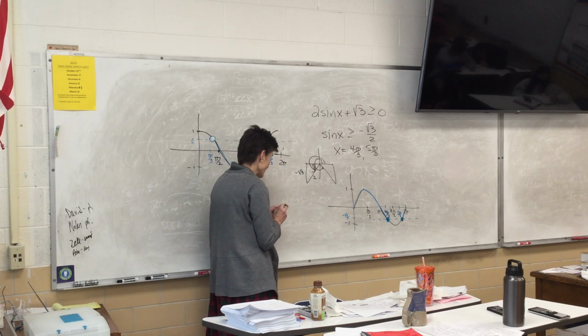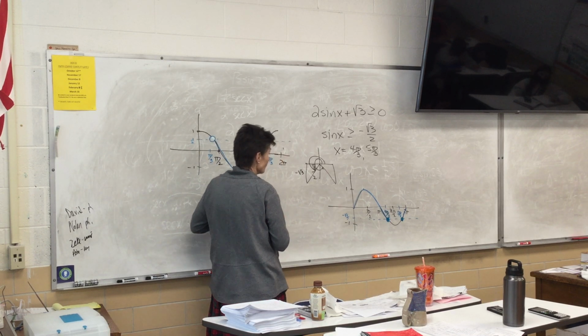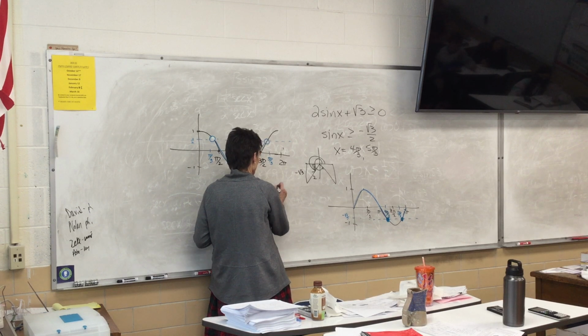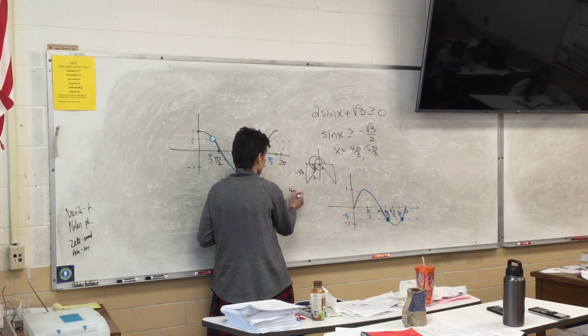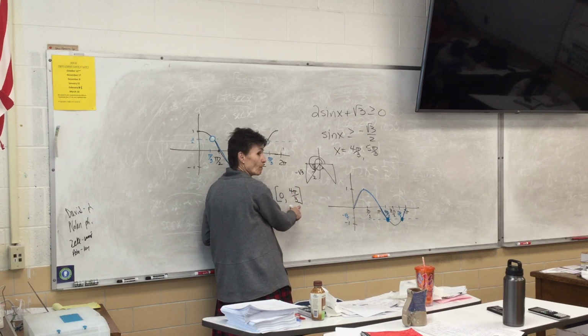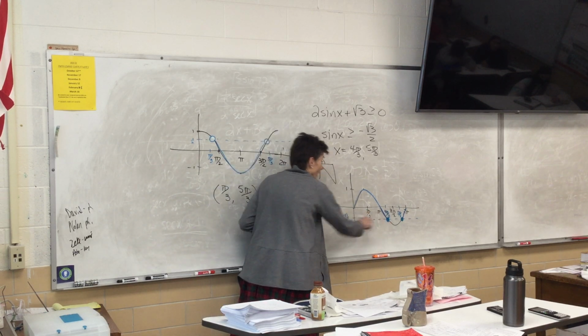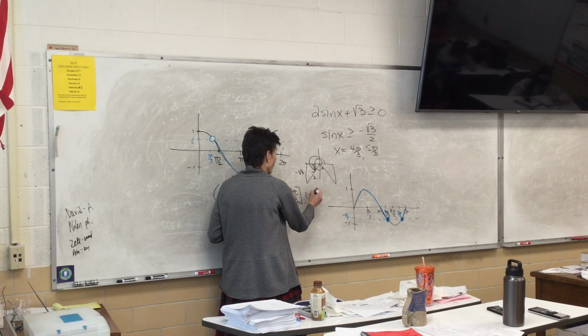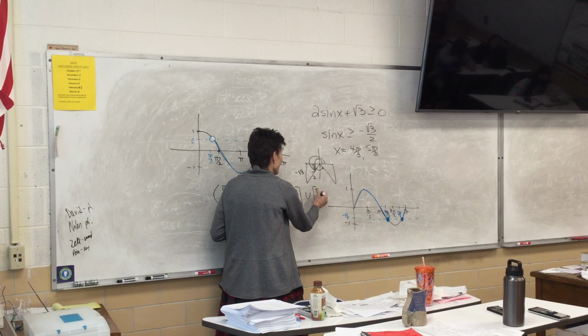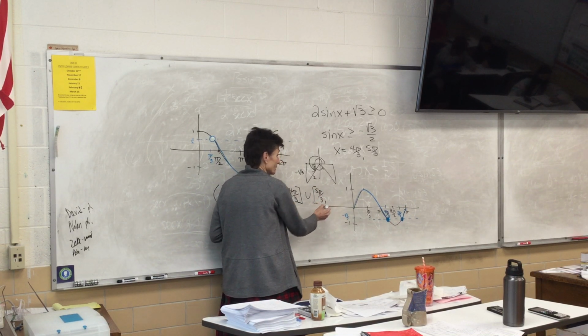So what is my answer? Everything in blue. So it'll be from 0 to 4 pi over 3, and I'm using a bracket because that's a colored dot. Or from 5 pi over 3 to 2 pi.